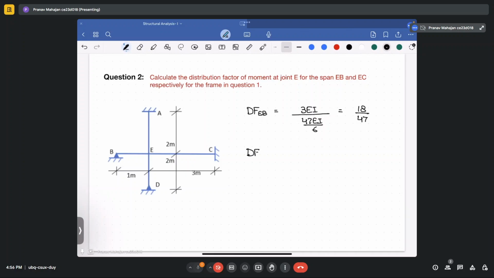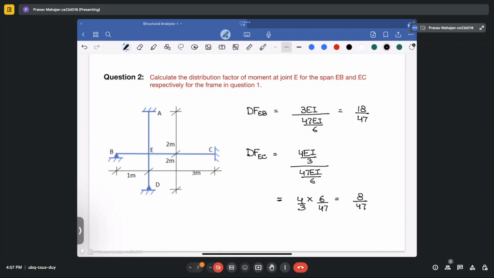Okay. Similarly for EC, how you will calculate? You are having 4EI upon 3 divided by 47EI divided by 6, and you have made it to 4 by 3 into 6 upon 47, and that will be 8 upon 47.